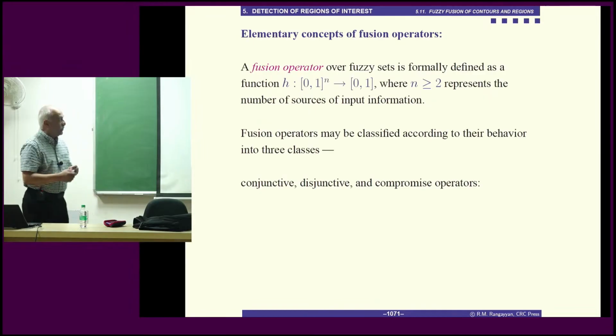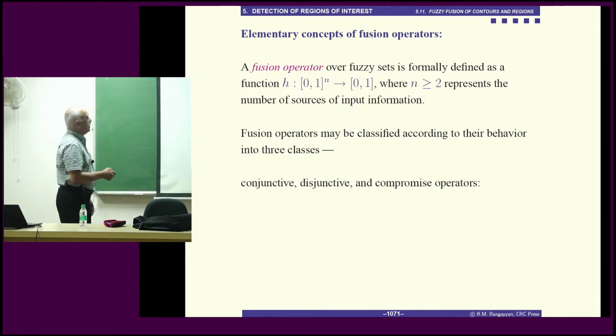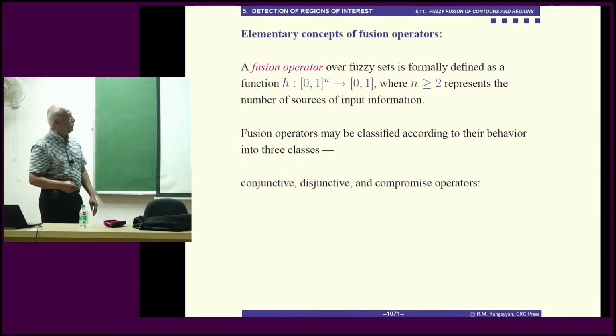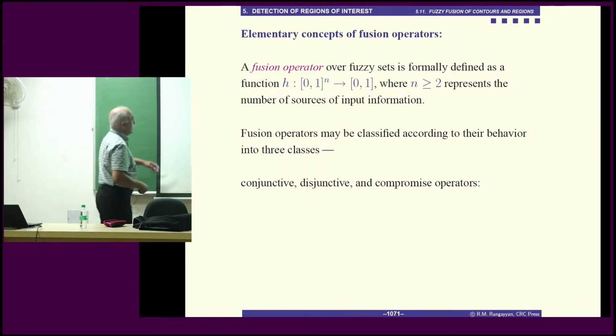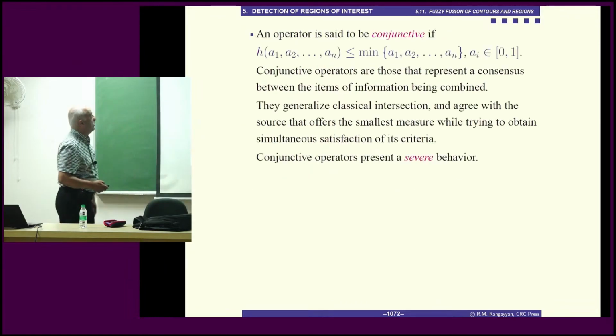So what is a fusion operator? It says you have fuzzy sets defined in this manner, and you map to 0 to 1, and n greater than or equal to 2 will represent the number of sources of information. So there are conjunctive, disjunctive, and compromise operators in fusion.